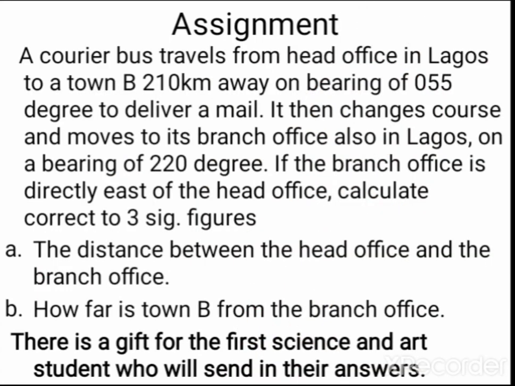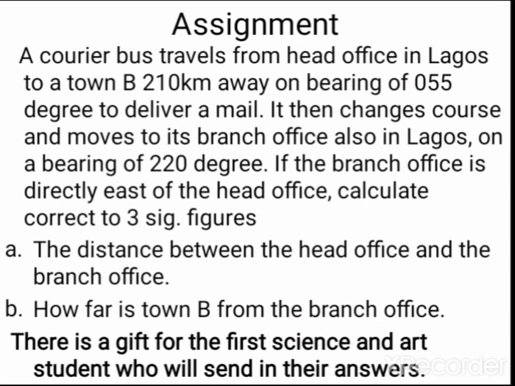So for your assignment, you will solve this for me. A courier bus travels from the head office in Lagos to a town B, which is 210 kilometers away, on a bearing of 055 degrees to deliver a mail.